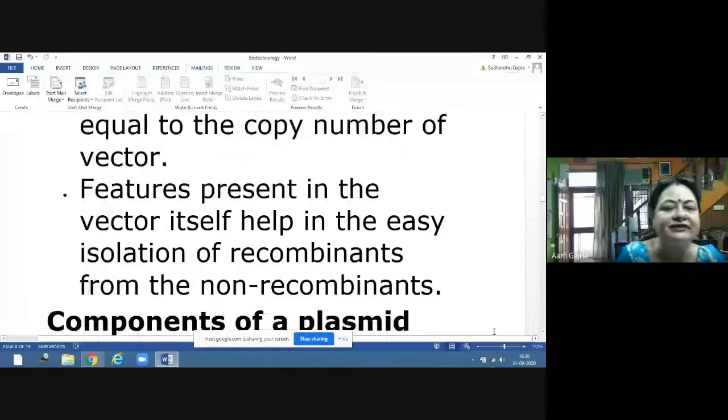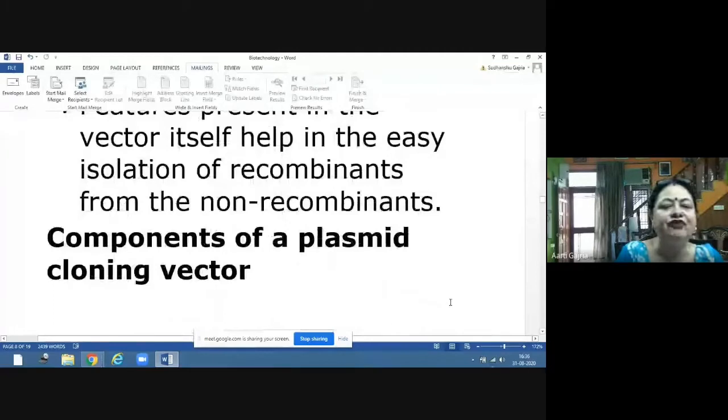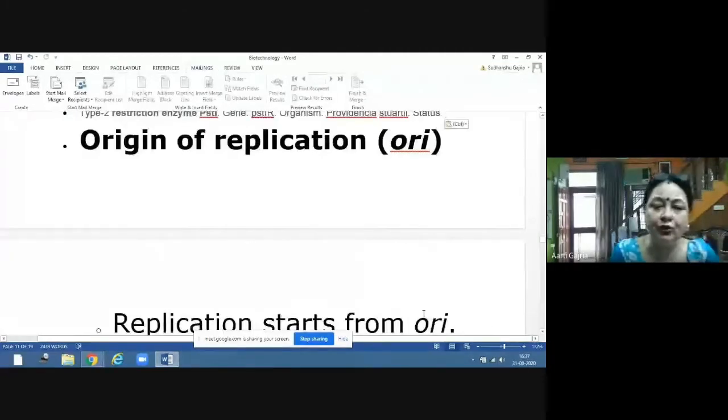Now, the components of a cloning vector, if we see, first is replication, because we know that the replication starts from a specific point, which is called origin of replication. So this origin of replication is called ORI. This is the first component which is a must for the vector.